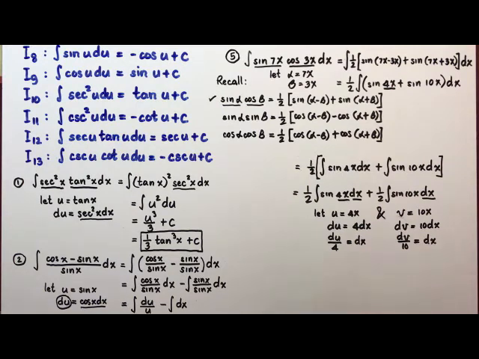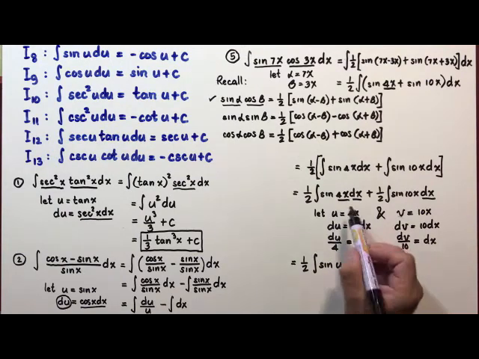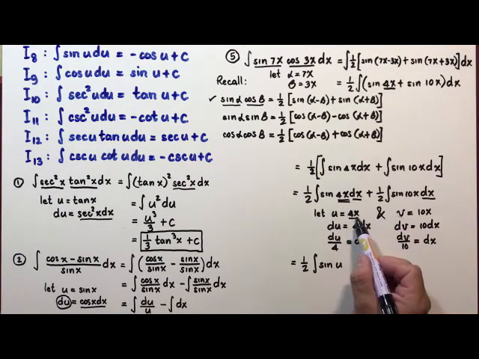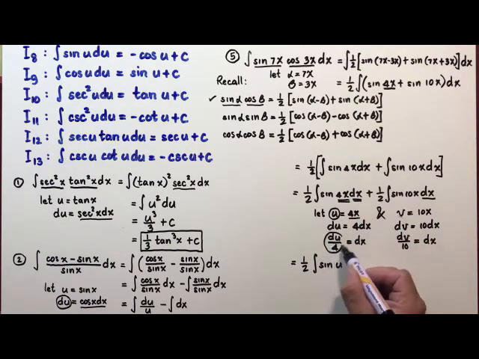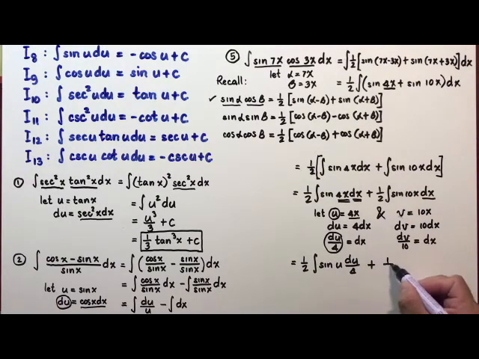So that I can find my dx here. Substituting these values into the original integrand, we have 1/2 times the integral of sine u. Instead of writing 4x, we write its value, which is u, and instead of writing dx, we write du over 4. And this is added to 1/2 times the integral of sine v.